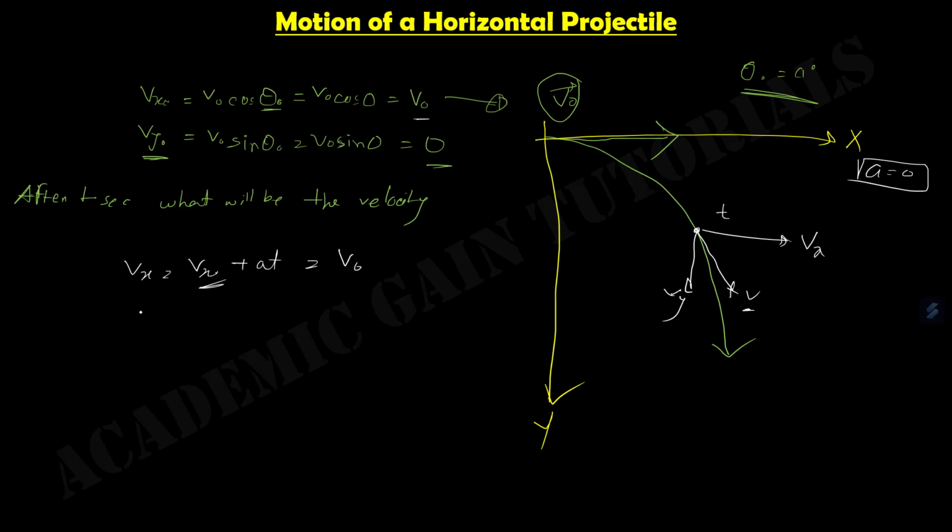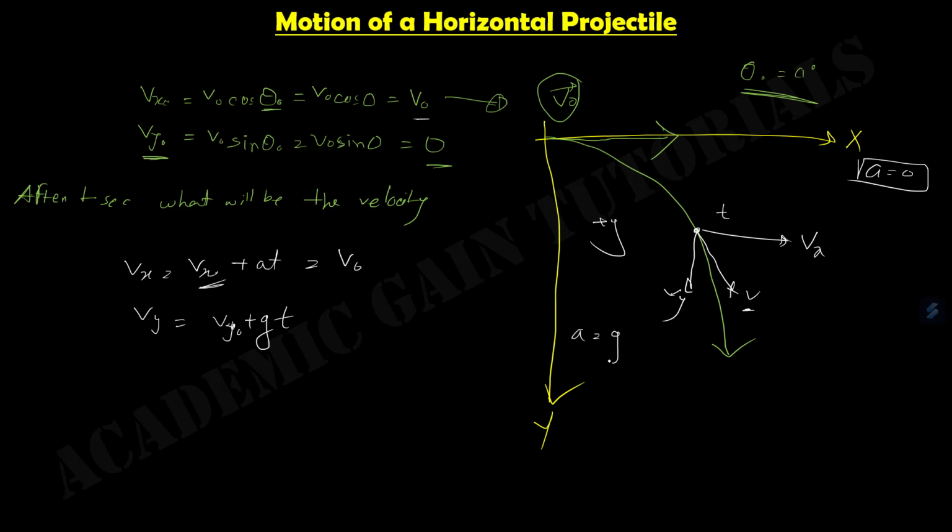And along the y-axis, it will be vy0 plus gt. Why is this plus gt? In the previous case, we threw the ball against gravity g. Now, in this case, we throw the ball along the direction of gravity g. So, in this case, the acceleration equals plus g.